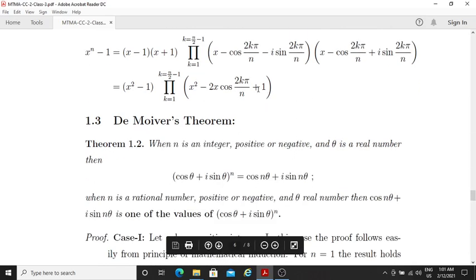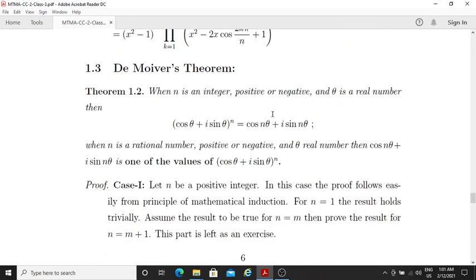Okay, fine. Now, before we go to the application, we have to learn and also prove certain things that you have already seen at your 10 plus 2 level. That's called De Moivre's theorem. What does it say?